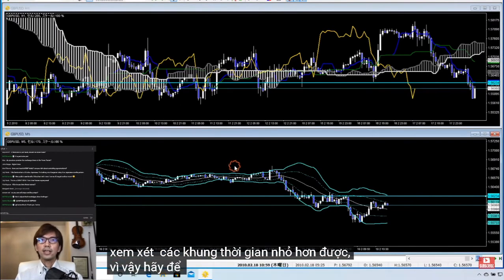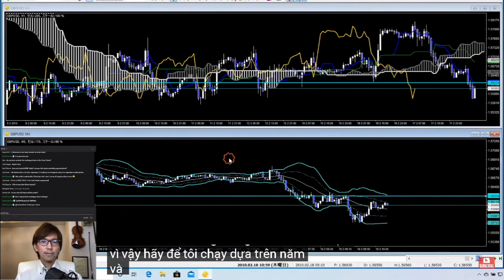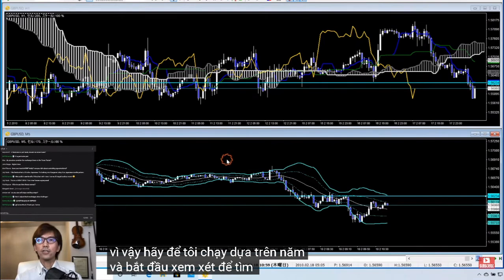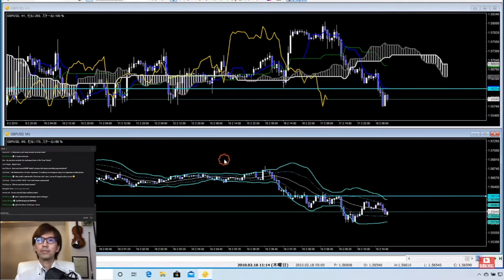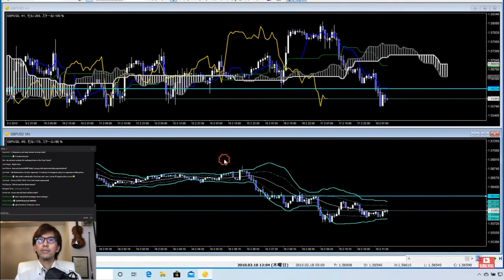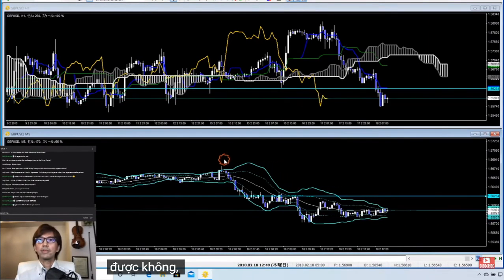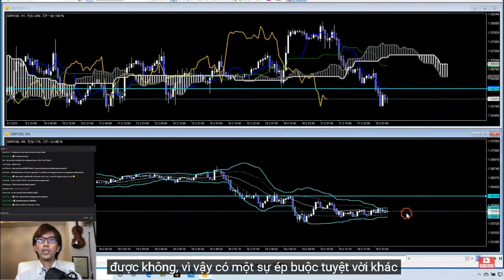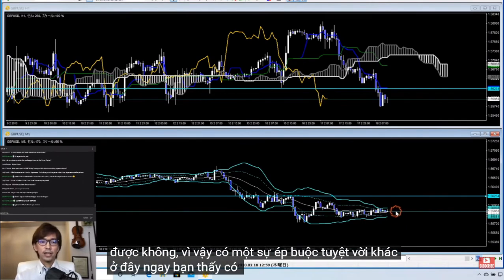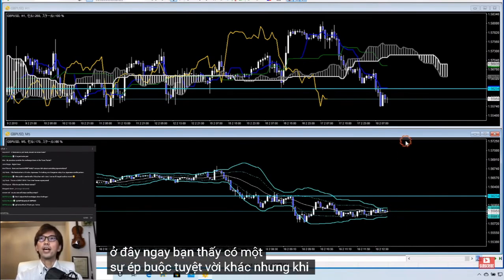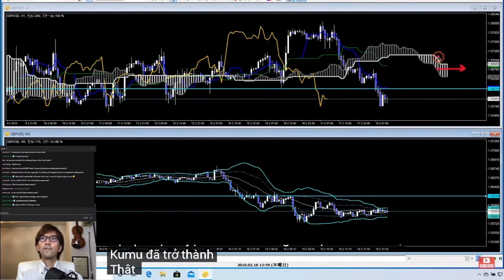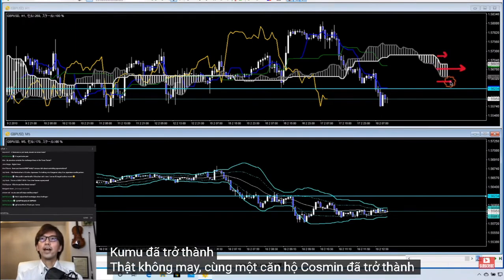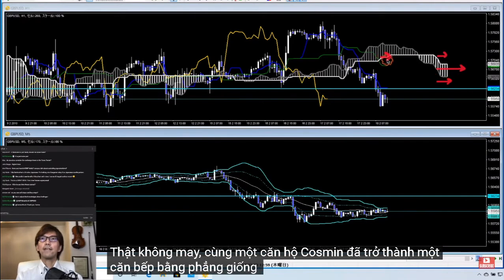Alright, so let me run based on the 5 and start to look for the squeeze. Okay, so there is another great squeeze here, right? You see there is another great squeeze, but when you look at it, Kumo is flat. Kumo became flat, unfortunately. Senko Span A flat, Kijun Sen flat.